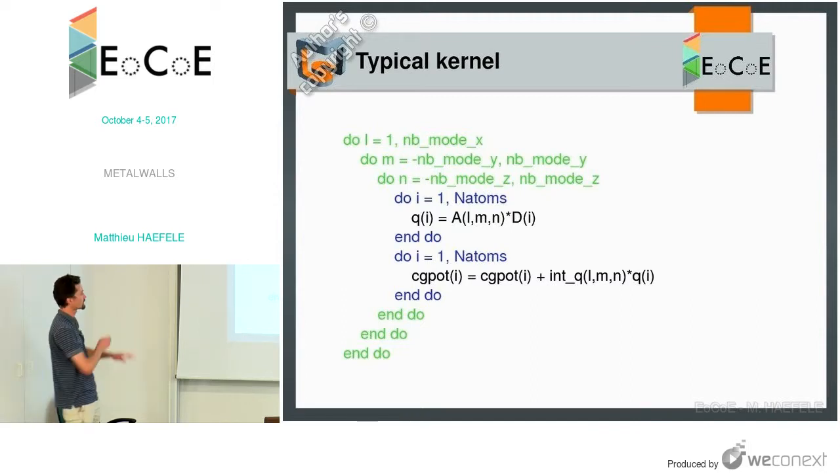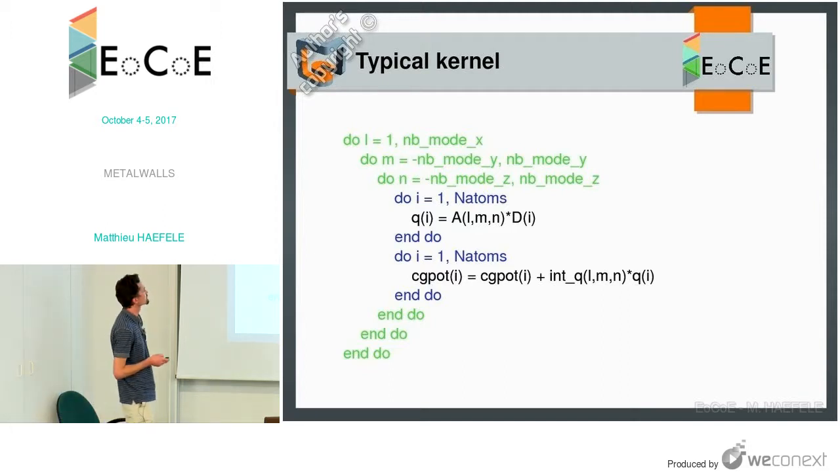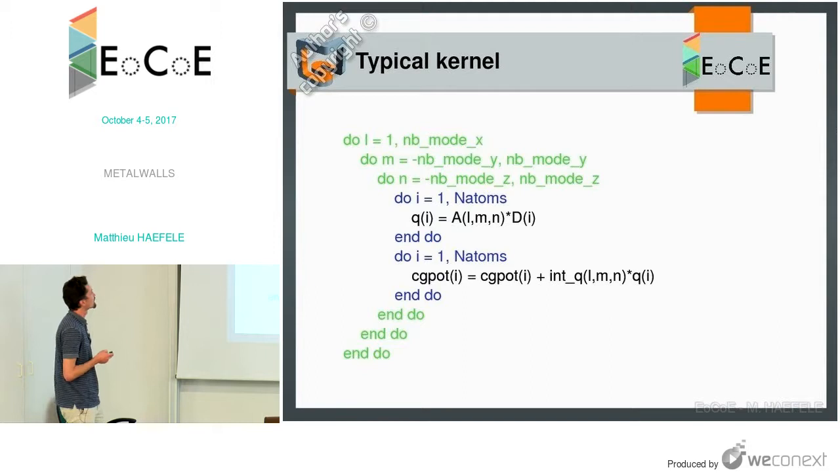I simplify a lot, so you have much more computation, of course, but that's just to get the picture. Once you have this, you compute the quantity of interest, the quantity you want to minimize, and then you have a computation of an integral.